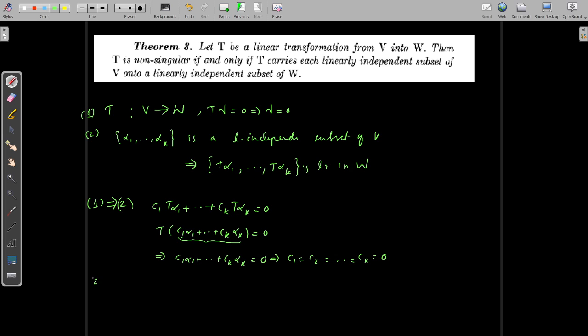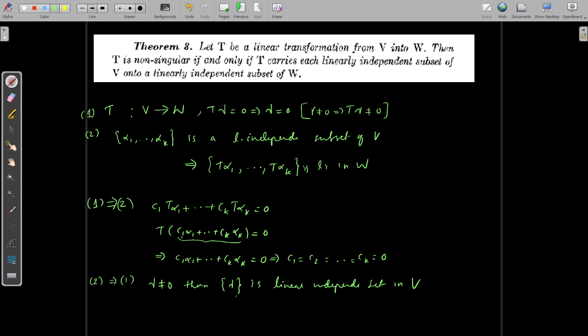Now we will prove 2 implies 1. To prove this, we need to prove the contrapositive. What is the contrapositive? Gamma not equal to 0 implies T gamma not equal to 0. This is obvious, because when you take gamma not equal to 0, the singleton set {gamma} is a linearly independent set in V, but our assumption is 2: T carries every linearly independent set to a linearly independent set.